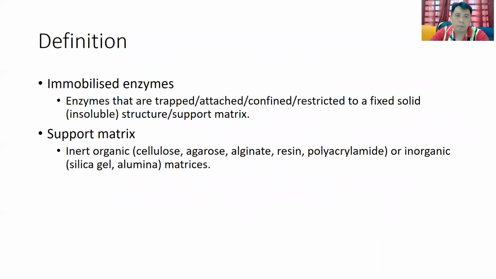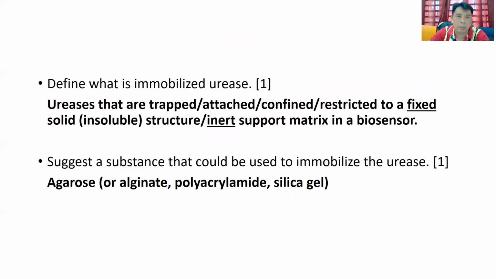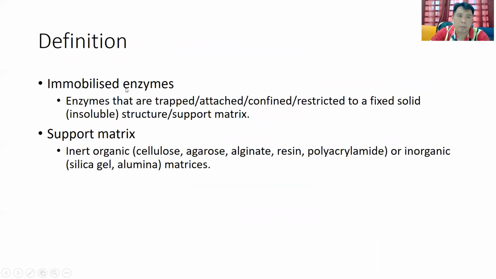Definition. Here there is a question: define what is immobilized urease. First, the general definition for immobilized enzyme: enzymes that are trapped, attached, confined, or restricted to a fixed, solid, insoluble structure or support matrix, or inert.